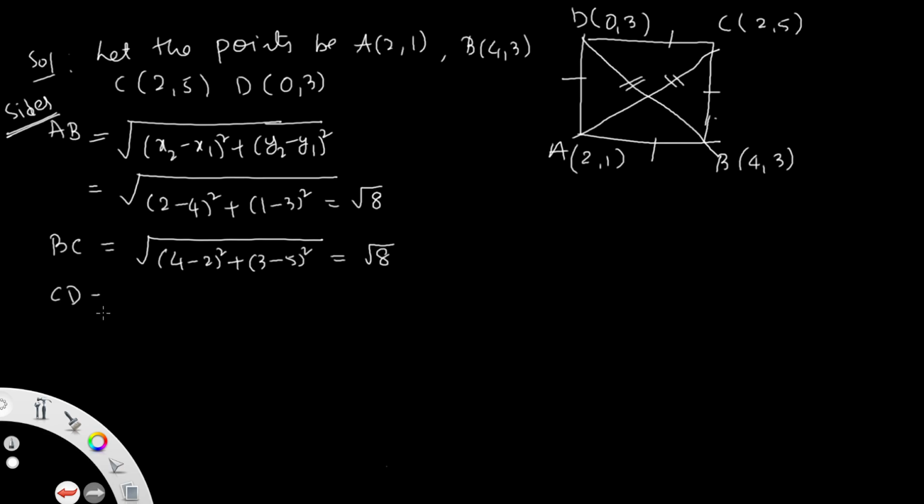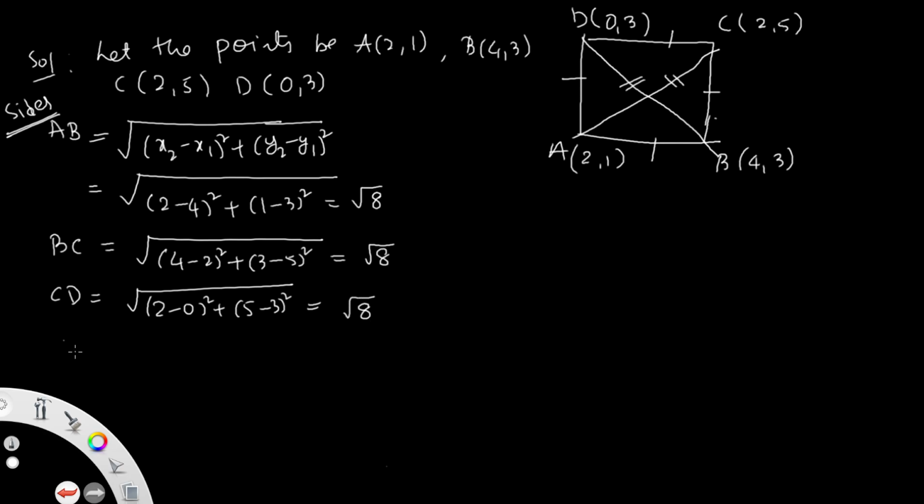CD means square root of 2 minus 0 whole square plus 5 minus 3 whole square. That is 4 plus 4, that is also root 8.